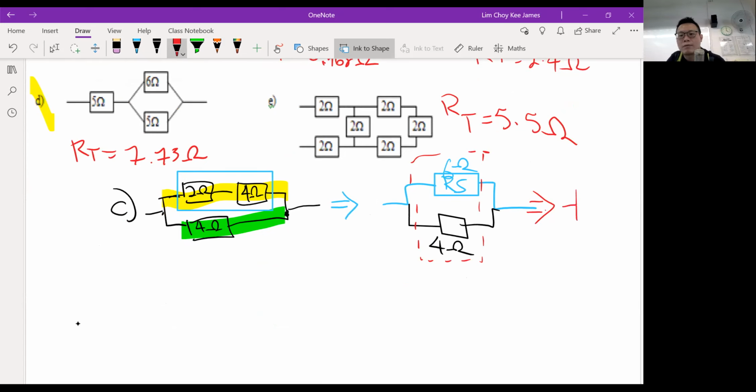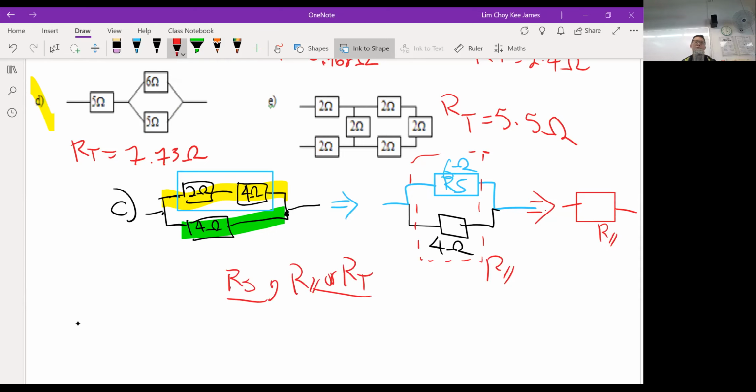So I will have an effective resistance here, R parallel, which happens to be my RT in this case. So if you look at the working for this, it is step by step: you find RS first, then you find R parallel, or what we call RT.